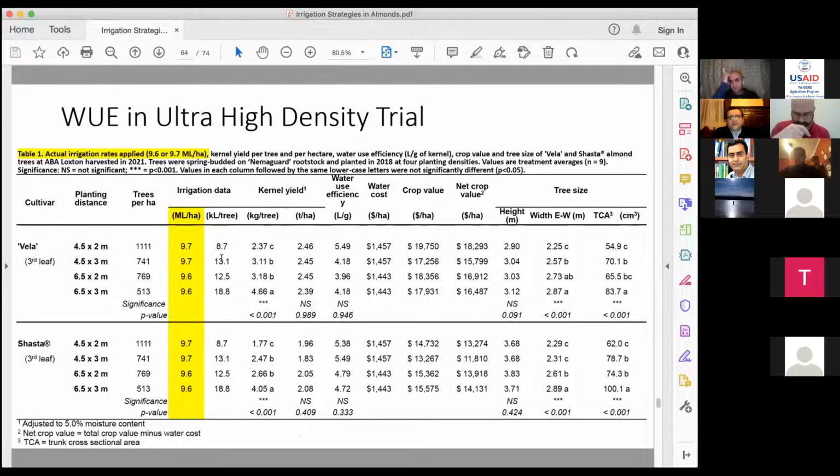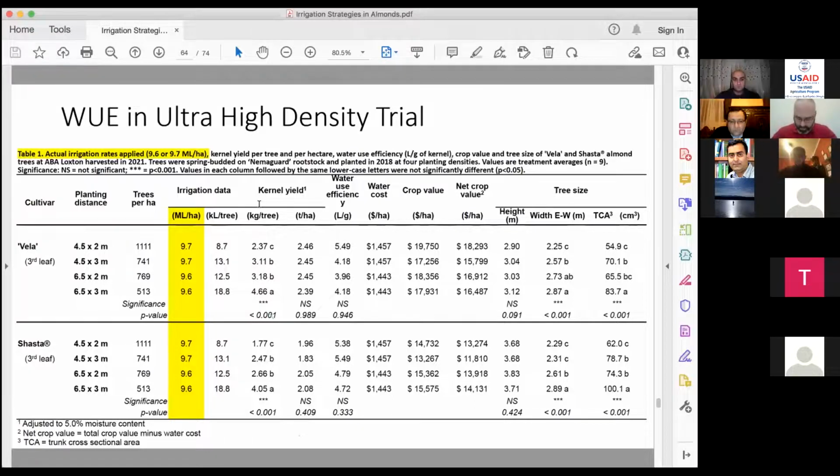And the second question, this yield, is it in shell or these kilograms? This is kernel yield. Okay, so the yield is in the kernel yield, not in shell, it's the kernel. So it's a kernel. And the second question?